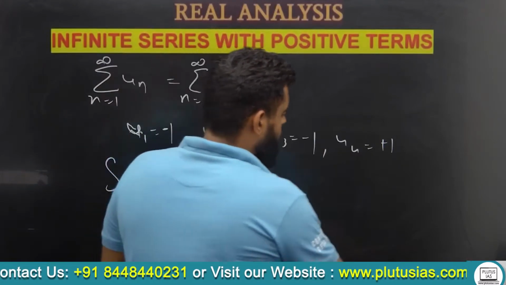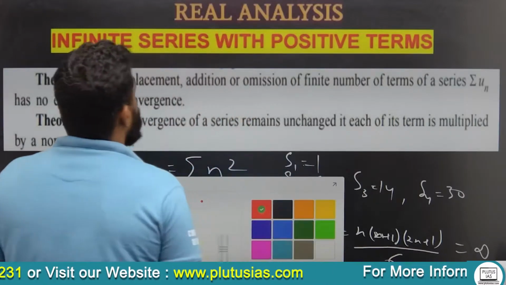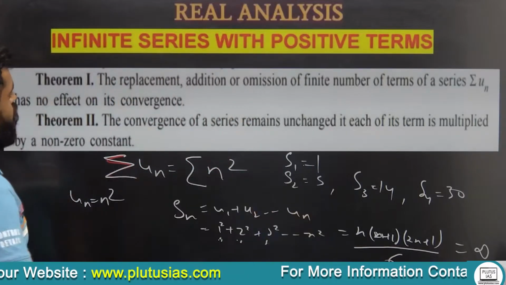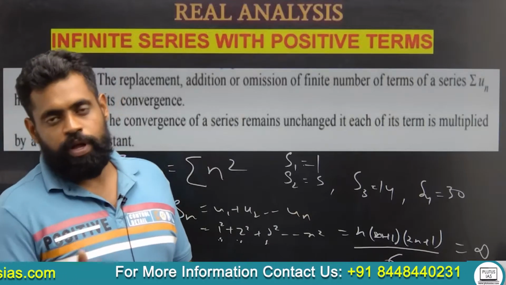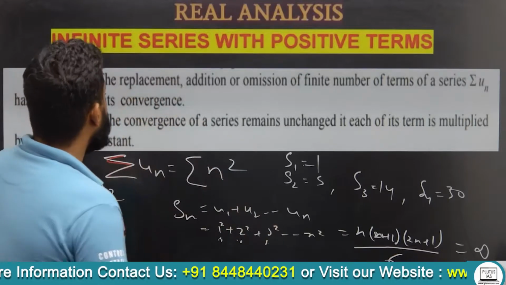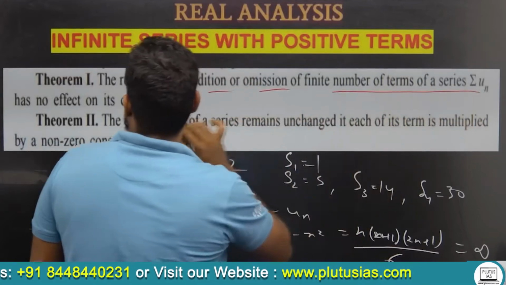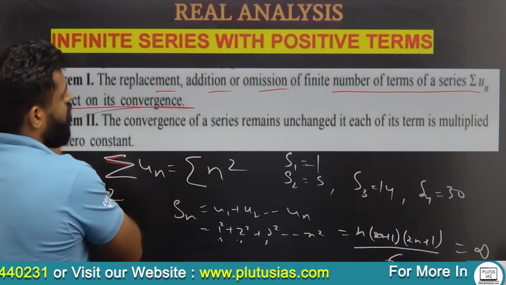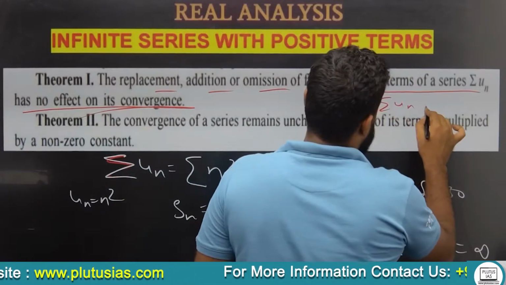Okay. So moving ahead, we have a simple important theorem. You don't need to prove these theorems. I'll tell you which theorems you need to prove in the real analysis section, but these are not among them. The replacement, addition, or omission of a finite number of terms in a series has no effect on its convergence. Suppose I say that un is convergent.